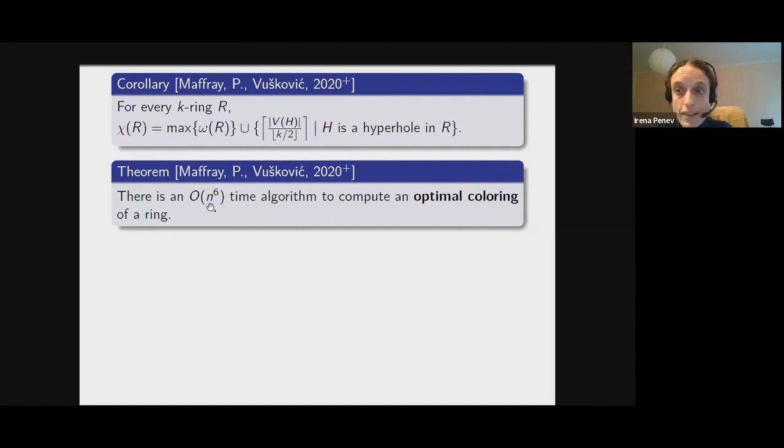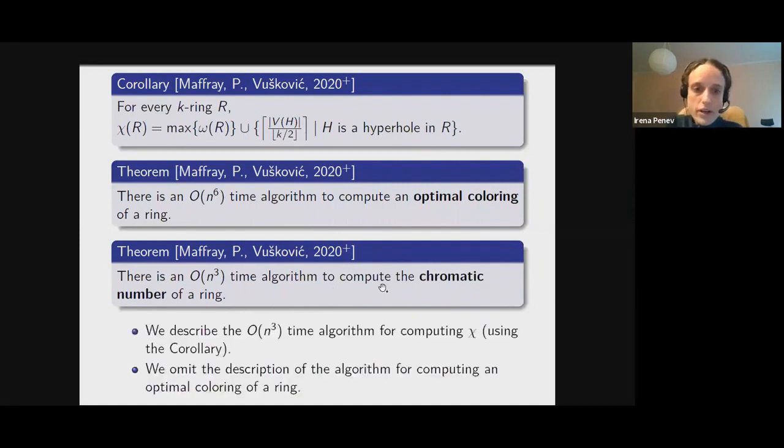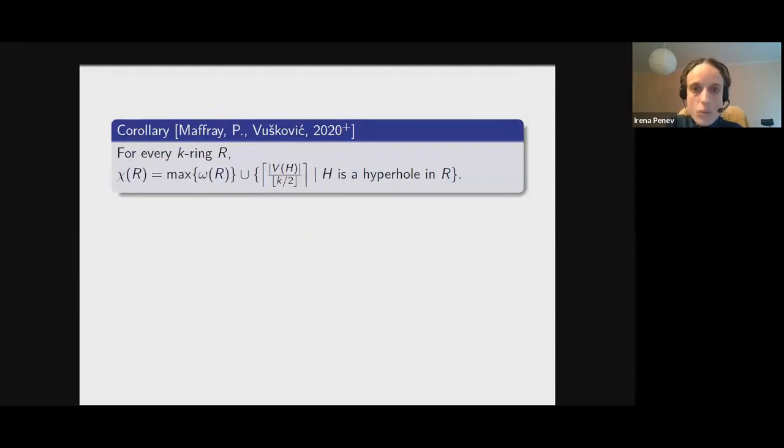I'm also not going to tell you anything about this coloring algorithm. What I am going to tell you is something a bit easier: an algorithm that's faster, it's cubic, that actually computes the chromatic number of a ring. These two are independent. This is significantly easier, and this is very nice. Let's see how we do that very quickly.